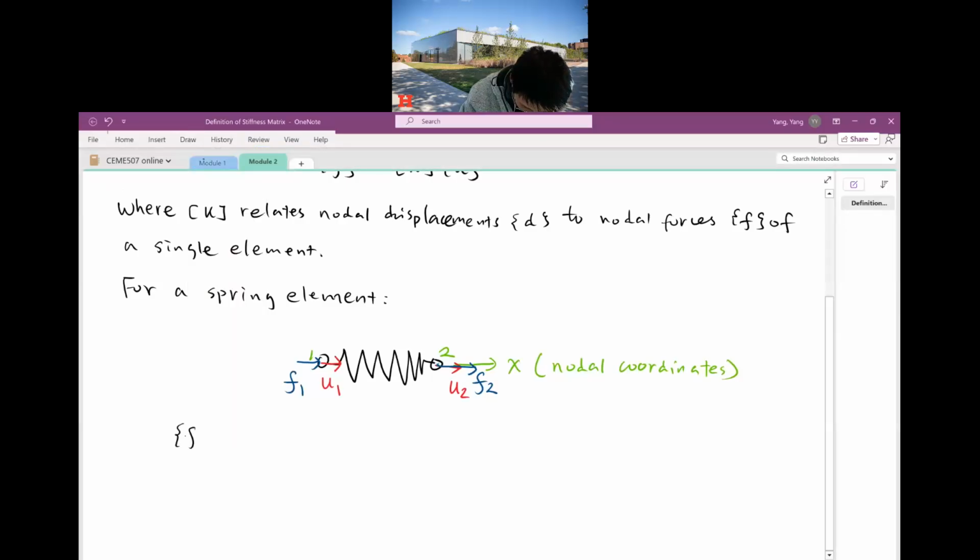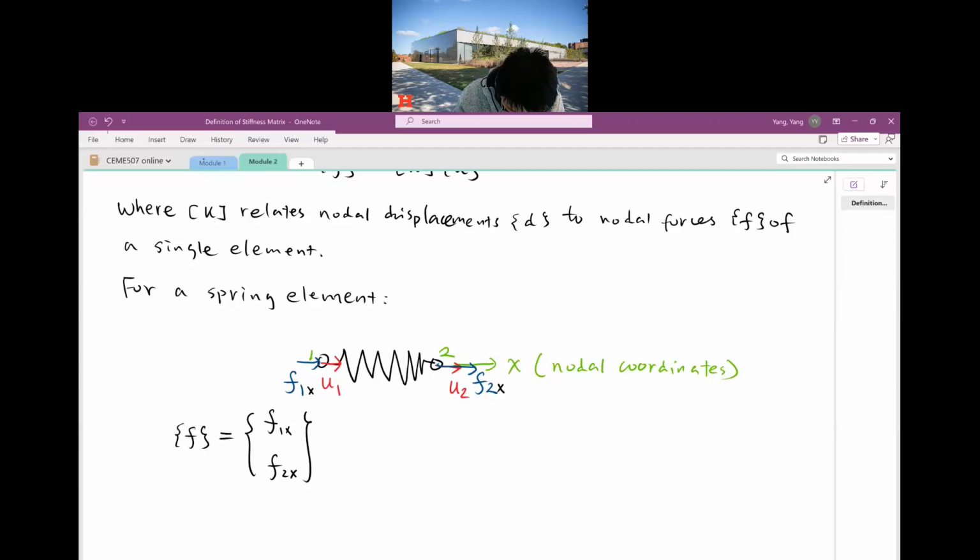So here we can write down the force matrix, which should be equal to F1x, we just use 1x, F2x. Because we would like to know where the forces are applied and which directions these forces are in, we need two subscripts for each force here.